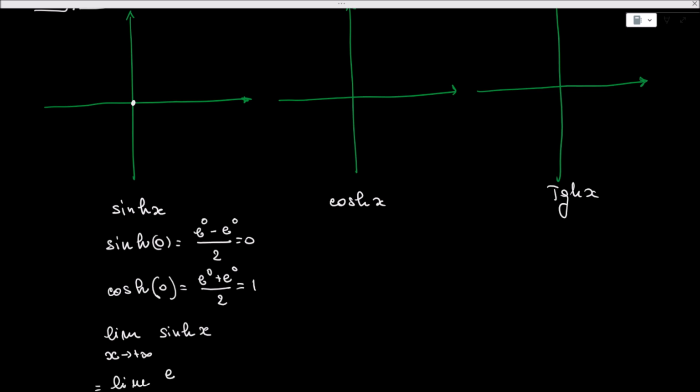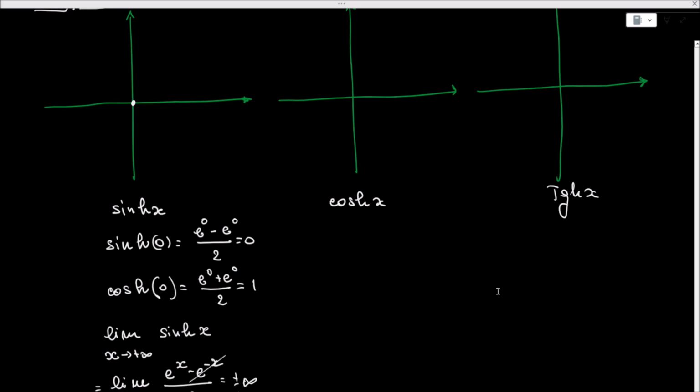of e to the x minus e to the minus x divided by 2, but for x that goes to, let me say, plus or minus infinity, clearly e to the minus x will become negligible, so we are just left with plus or minus infinity.